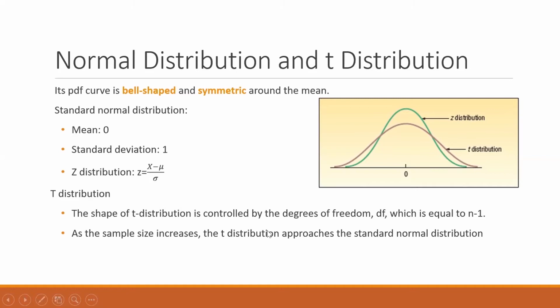The other distribution that we do need to know is called the T distribution. T distribution is very similar to the standard normal distribution in the sense that for T distribution, the mean is also 0. And the shape of the T distribution is controlled by something called degrees of freedom. I do not intend to talk more about it.